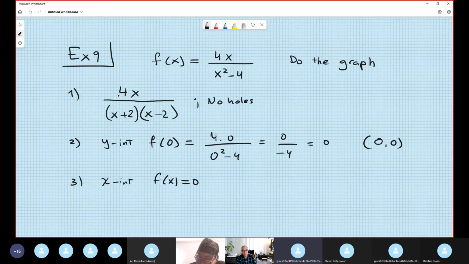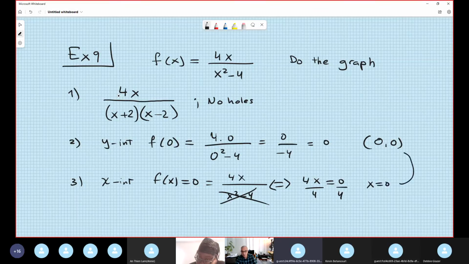And remember, to find the X-intercept, you take the polynomial in the top, equal to 0. The polynomial in the bottom is not important in that step. You solve this elementary equation, divide by 4, and we get x equals 0. They are a perfect coincidence. This point is both the Y-intercept and X-intercept.